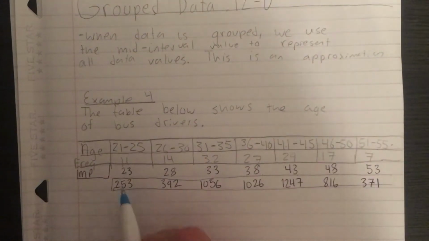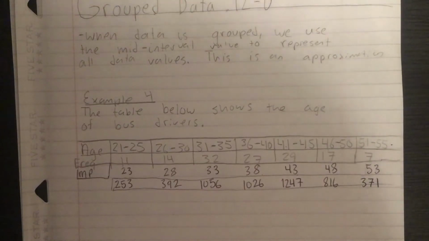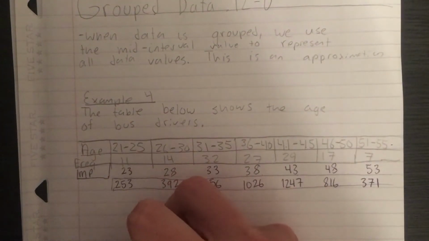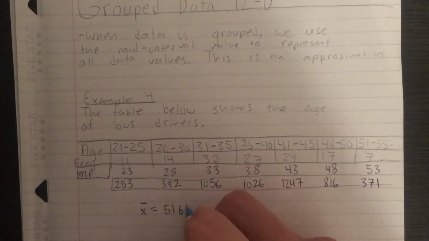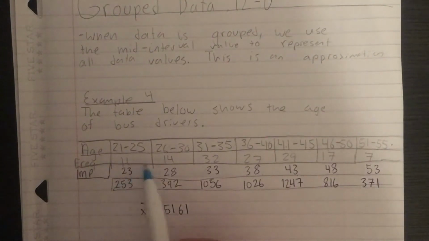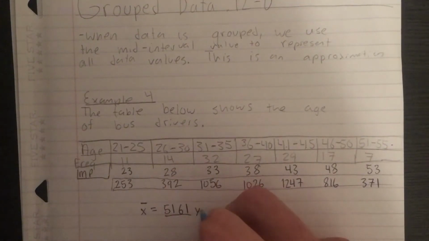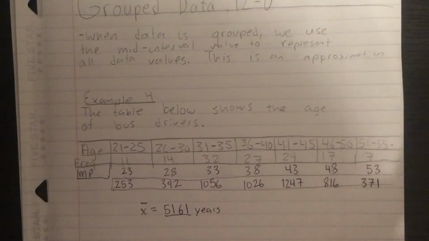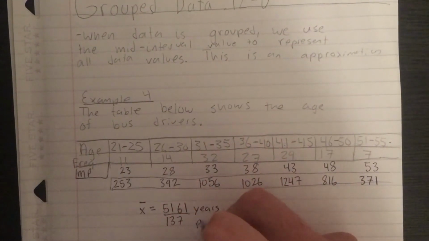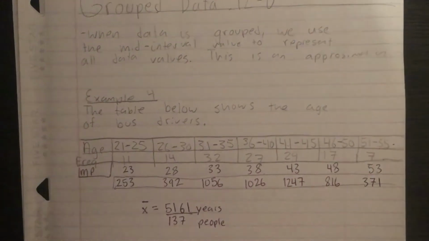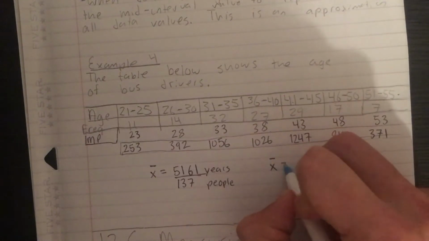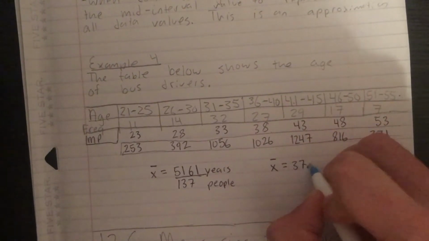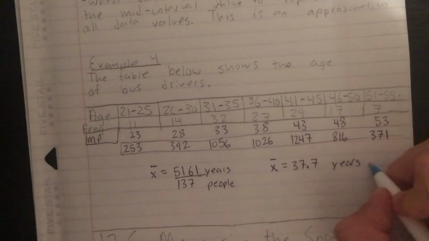So if you add up all of these things here, we're going to say that the mean here, X bar, is equal to 5,161 years divided by 137 people, the total frequency of everybody that responded. And if you calculate that, we're going to get the average age here. Our X bar, our mean, is going to be 37.7 years old.